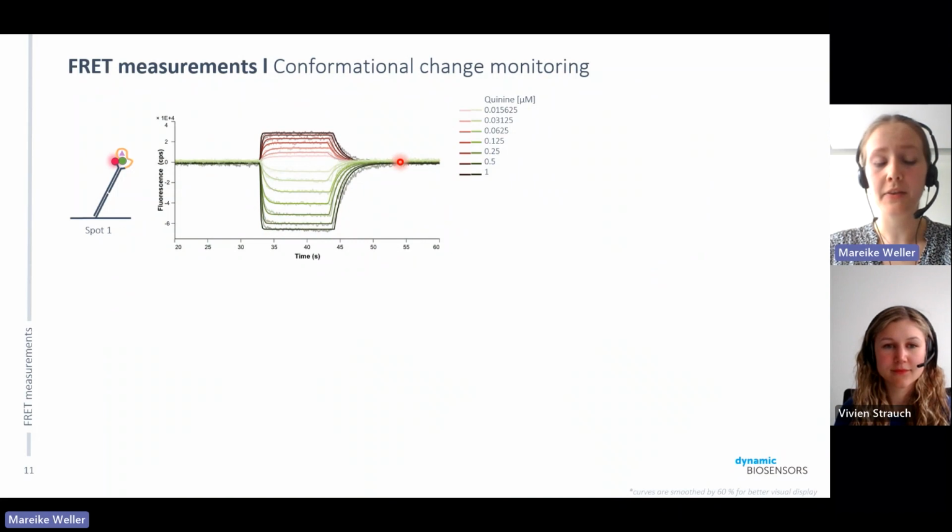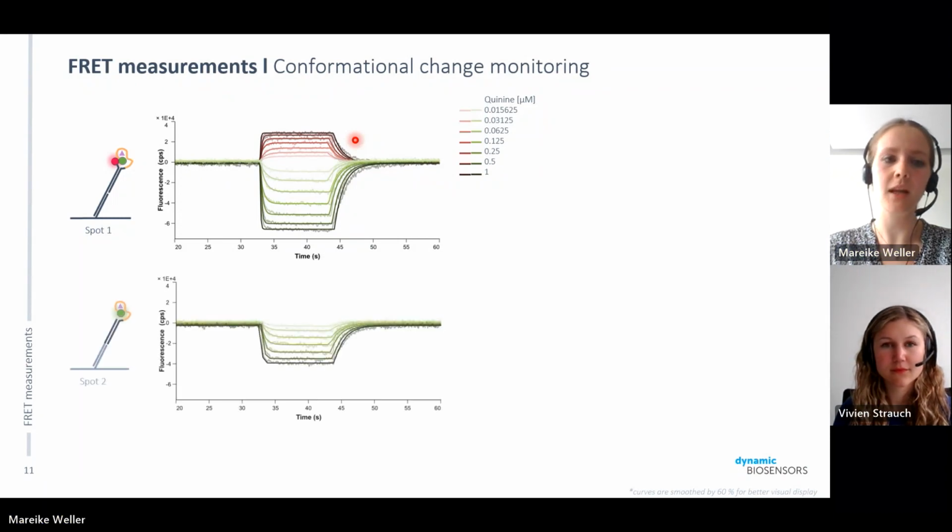The really amazing thing is that we do not only get a decrease in green, as we saw before with the measurements, but we get at the same time also an increase in red. Remember, we only excited the green dye, and since we get a signal in red, this means that we get FRET signal here and a transfer from the green energy to the red one, which you can see here. So there is some conformational change undergoing here to detect this interaction.